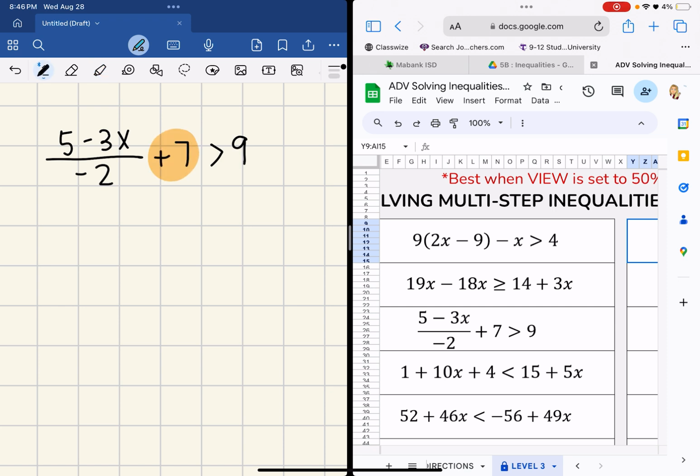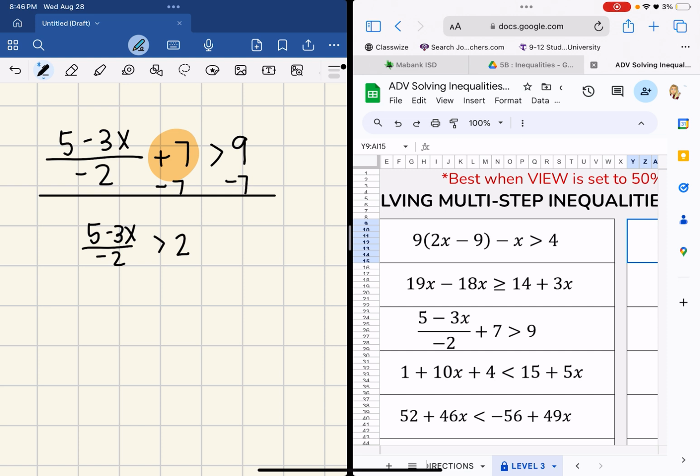You can't undo the big division until you take care of that 7. So I need to subtract 7 first. What I have left is (5 minus 3x) divided by negative 2 is greater than 9 minus 7, which is 2.